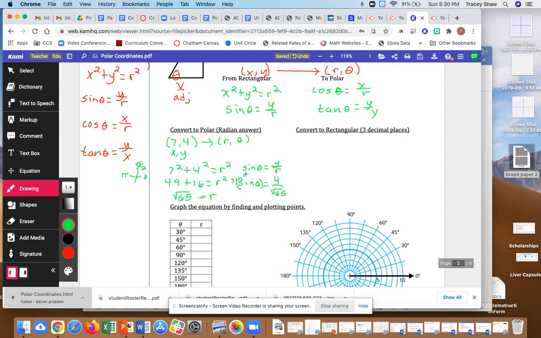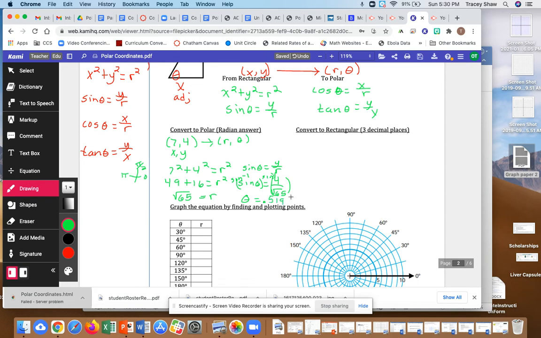So I'm going to inverse sine the left and inverse sine the right. And 4 over the square root of 65 is not something that's on my traditional unit circle, so I am going to type this in the calculator. Make sure you are in radian mode. And if you type inverse sine 4 over the square root of 65, you're going to get 0.519.